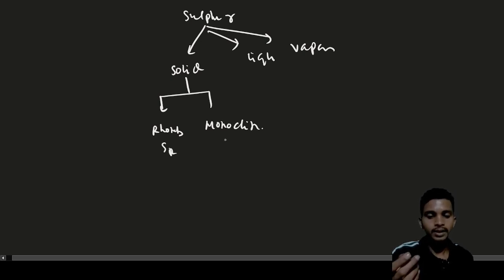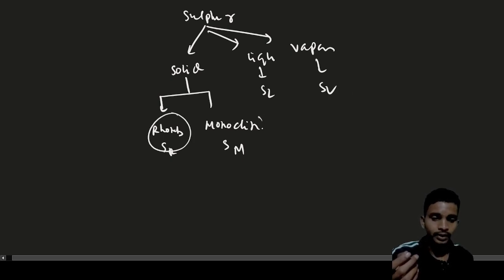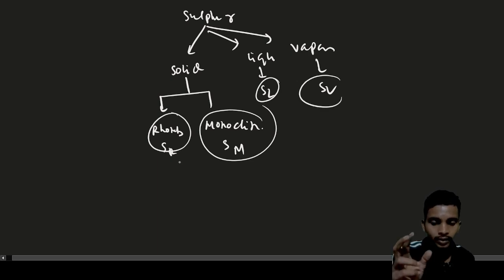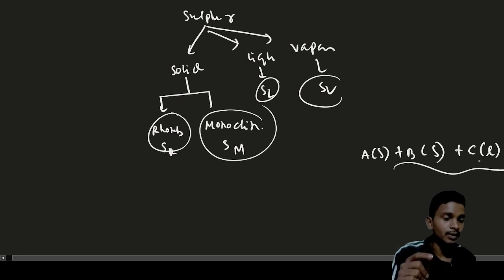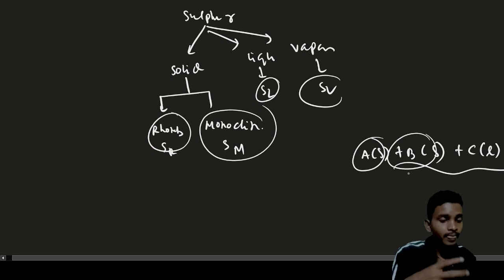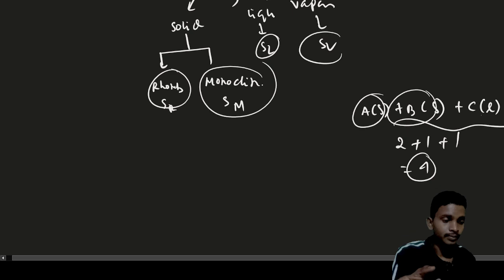I can call them SR, SM, SL and SV. How many phases do we get? Each solid form gives a different phase, so 2 solid phases plus 1 liquid plus 1 gas, so 4 phases are there.